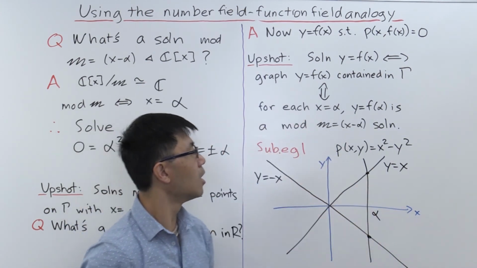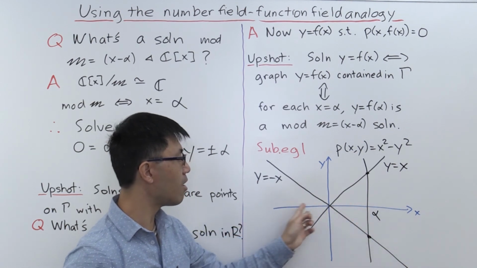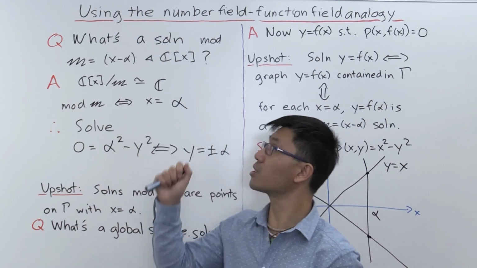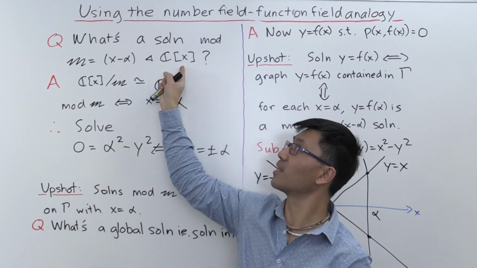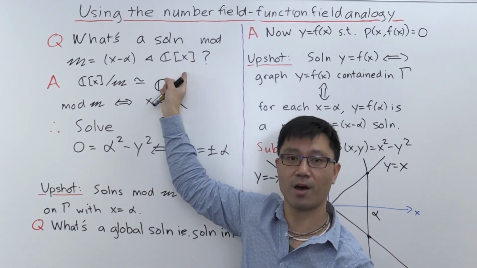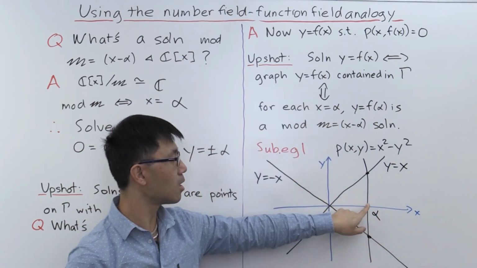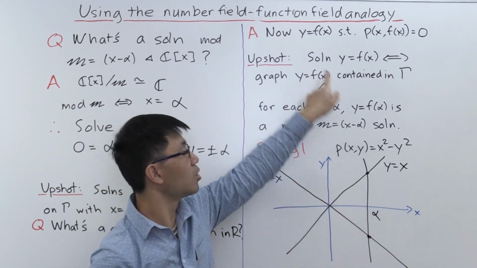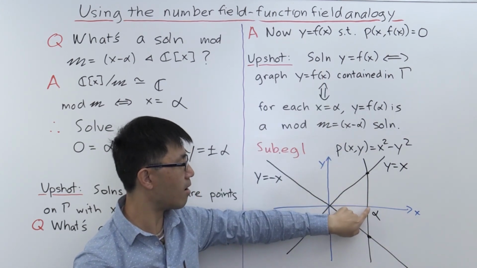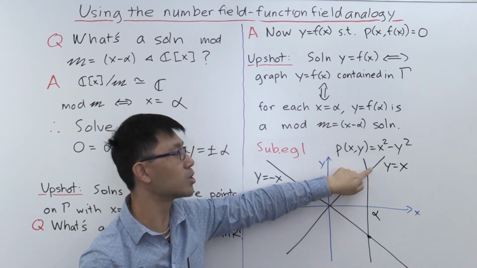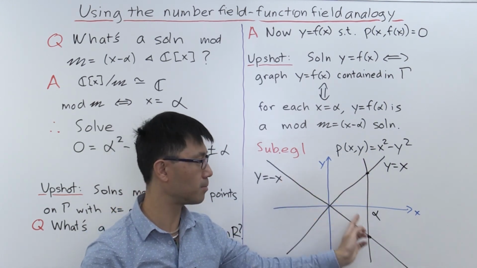So that means for each and every point on this x line, and this x line, remember, corresponds to the fact that this is the coordinate ring of the affine line with coordinate x, for each and every point in here, what this solution does is it gives you this function value, in this case a polynomial function value, f of x, which sits on this big graph gamma.